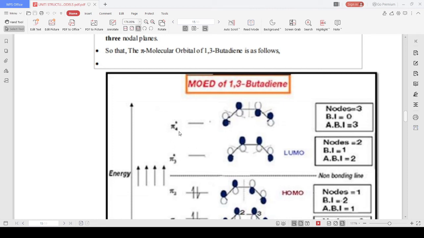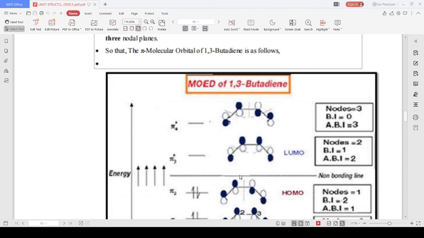Another is pi star 4 and this is pi star 3. This is the upper side and lower side of the pi bonds. Nodes are only 2. This is the node, this is the node.